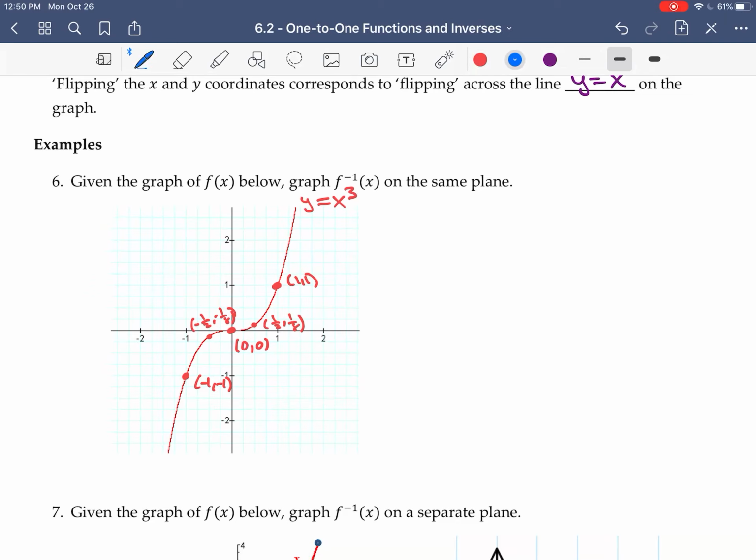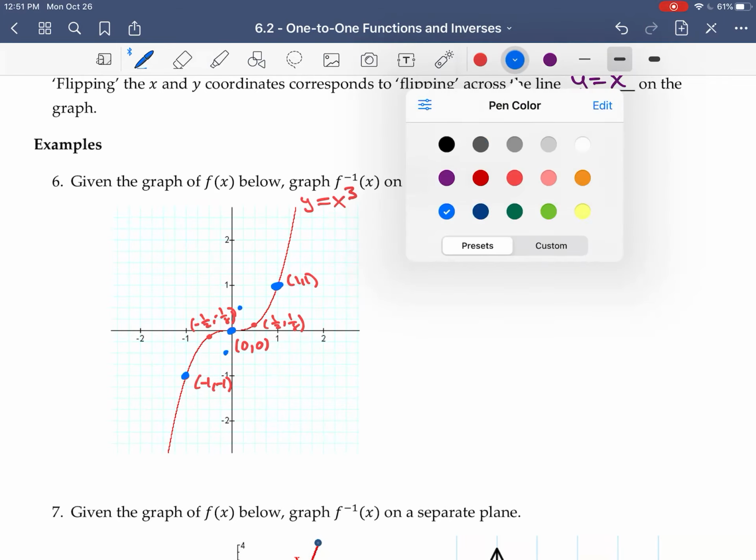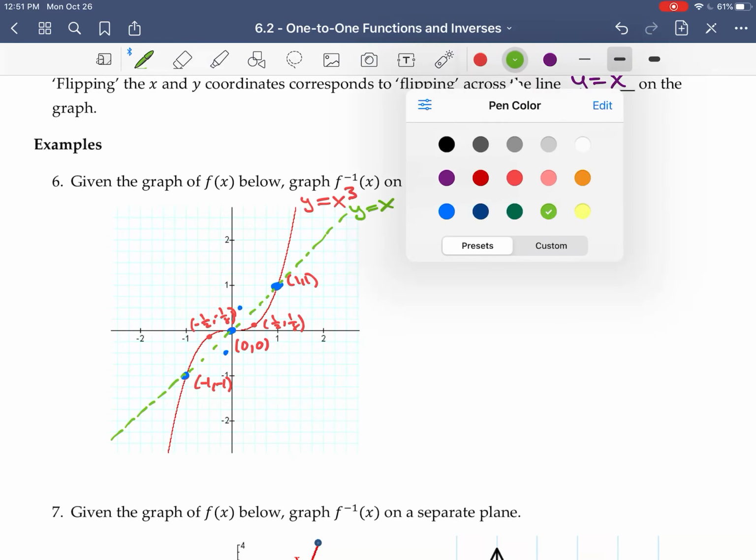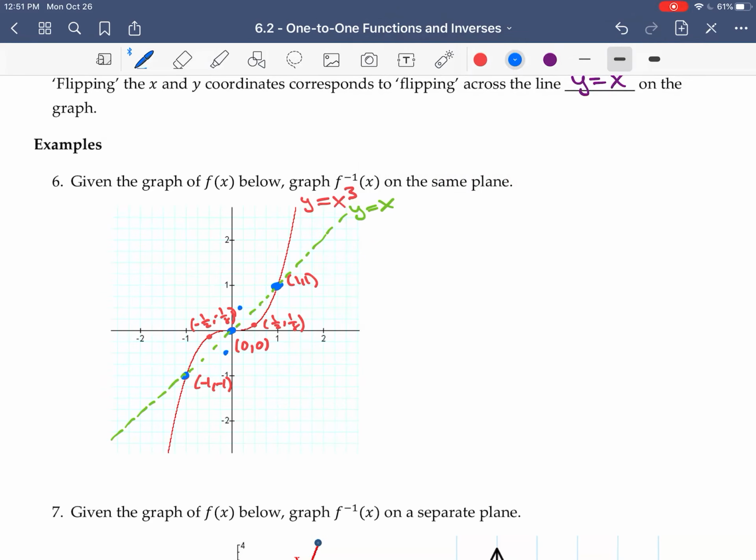Now I'm going to switch all the x and y coordinates. The three points that had the same x and y coordinates are going to remain where they are. But now I'm going to have (1/8, 1/2) up here, and (-1/8, -1/2) down here. What is actually happening is that this is the line y equals x, and the graph is just flipped over that line.